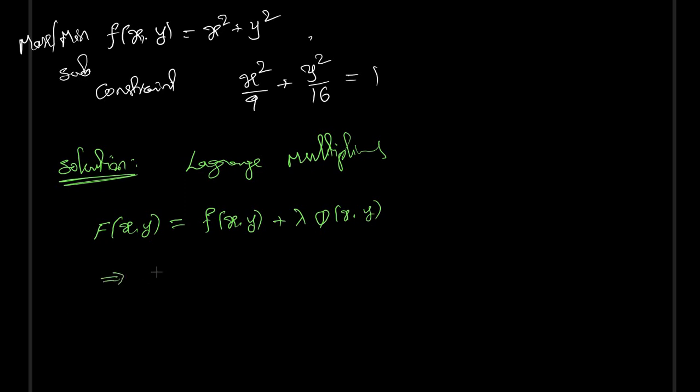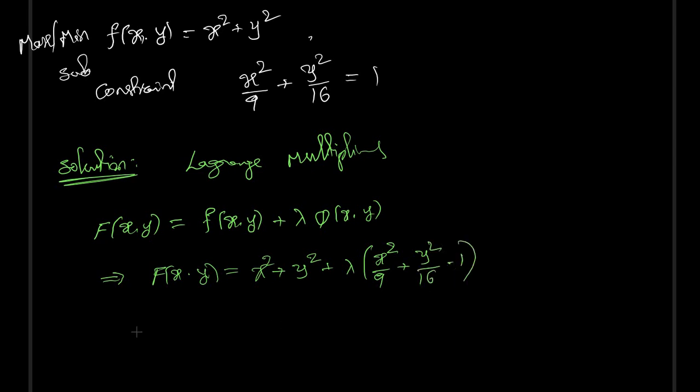So what is F of x comma y? This will be x square plus y square plus lambda into x square by 9 plus y square by 16 minus 1. So what shall we do? Let us take Fx equated to 0. This implies 2x plus 2 lambda x by 9 equal to 0.